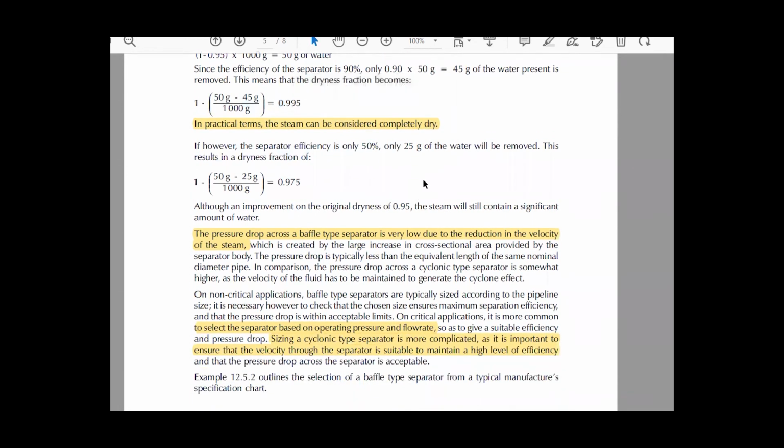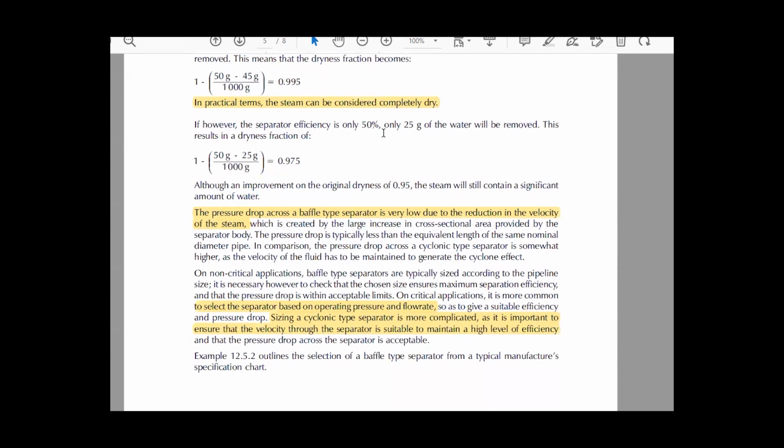This slide is attached in the description of this video, so you can read it and revise all the information yourself, to be more effective in selecting a type of separator and to deepen your understanding of steam applications and steam fittings.